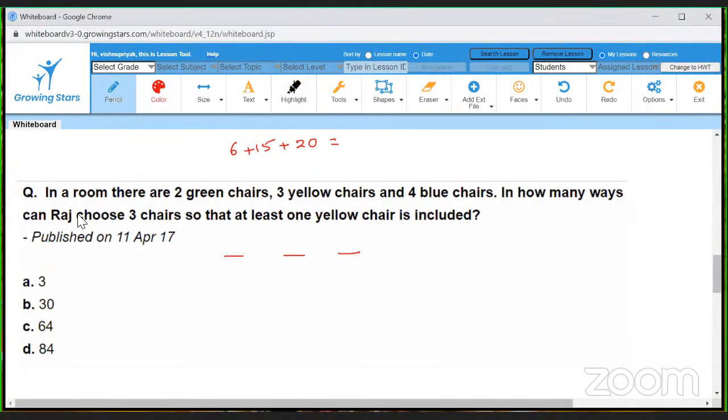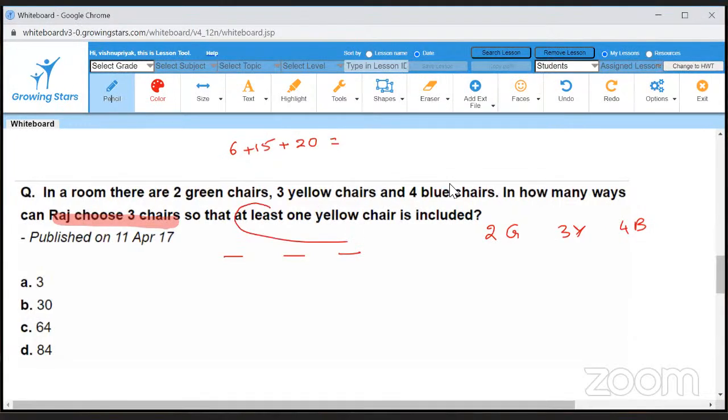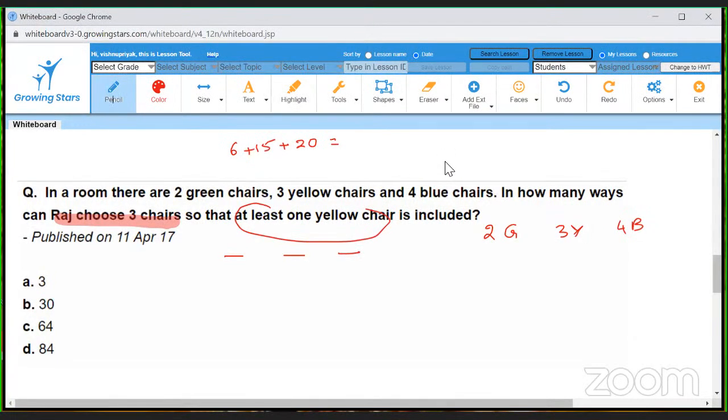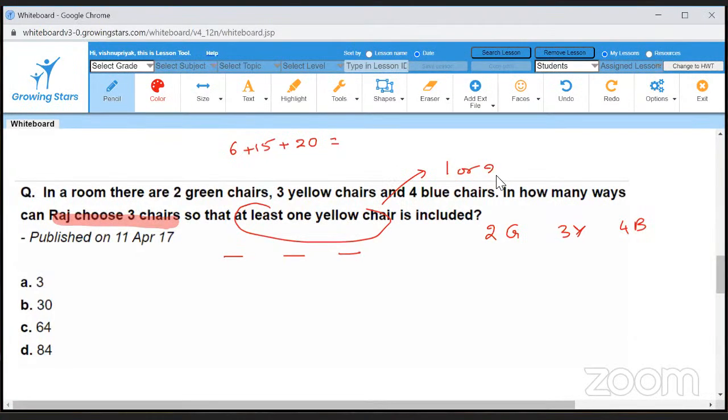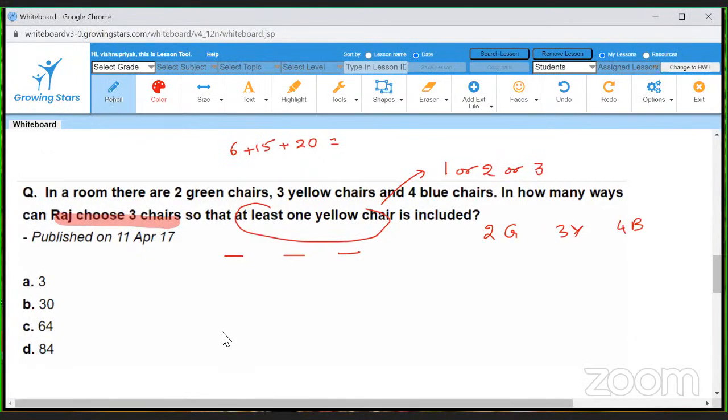Raj has to choose 3 chairs. We have 2 green, 3 yellow, and 4 blue. And then at least 1 yellow chair. That means there can be 1 yellow chair or 2 yellow chairs or all the 3 yellow chairs. There are 3 possible cases again.